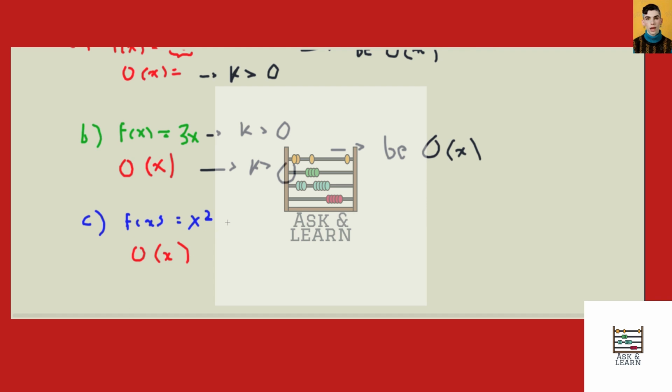And we know that the growth rate of an x squared function isn't going to be constant, because if you graph it like a quadratic, the growth rate at this point is greater than the growth rate at this point.